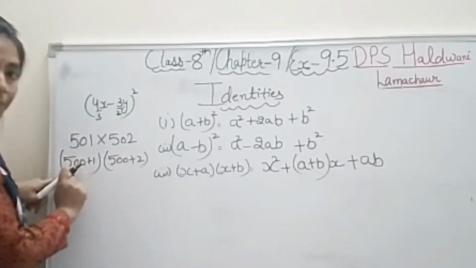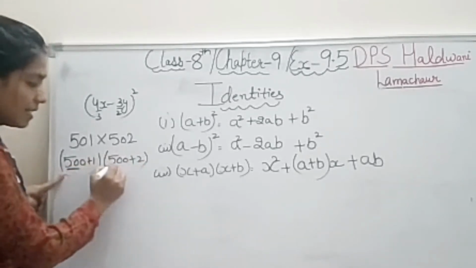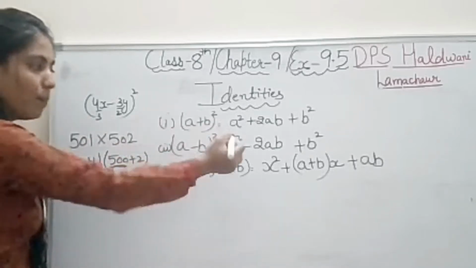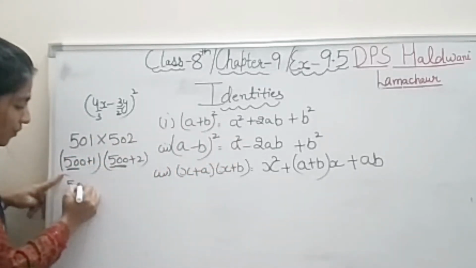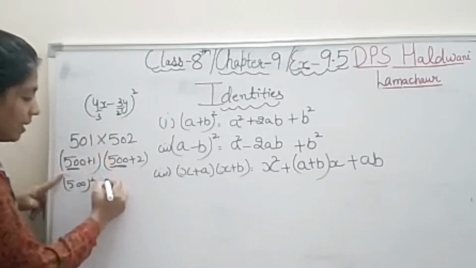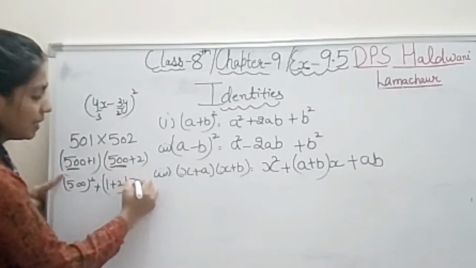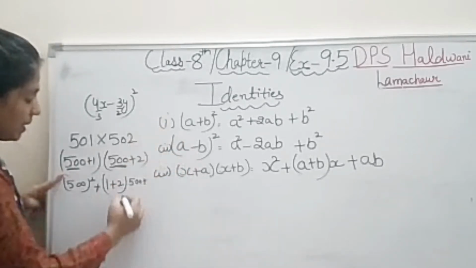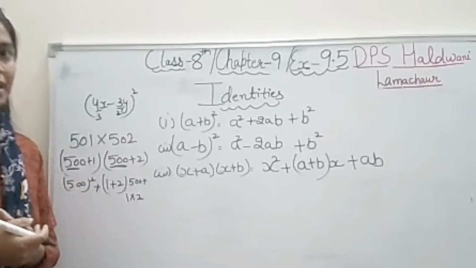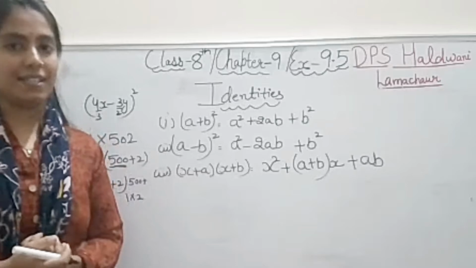Here x is the same and a, b are different. So the formula gives x square, that is 500 square, plus (a plus b), that is 1 plus 2, into x, that is 500, plus ab, that is 1 into 2. It's a very simple calculation. After using the identity, the calculation becomes very easy.